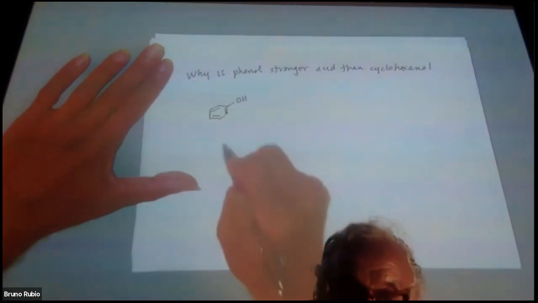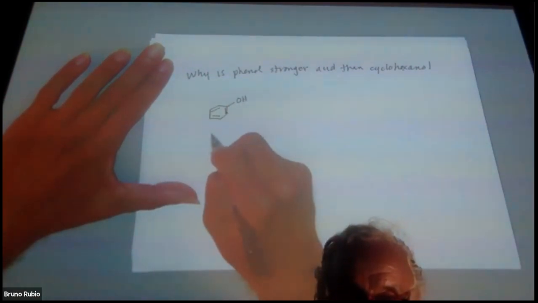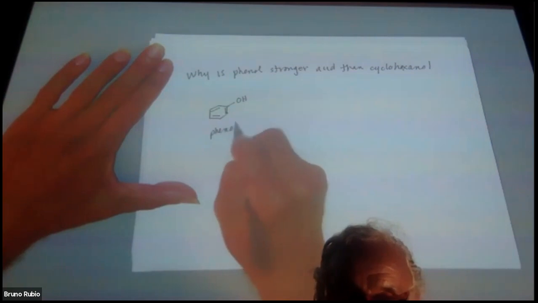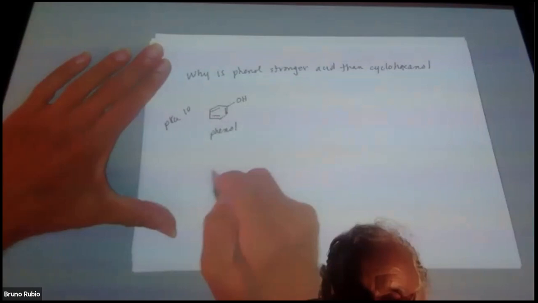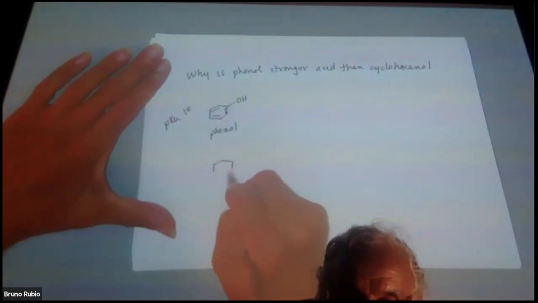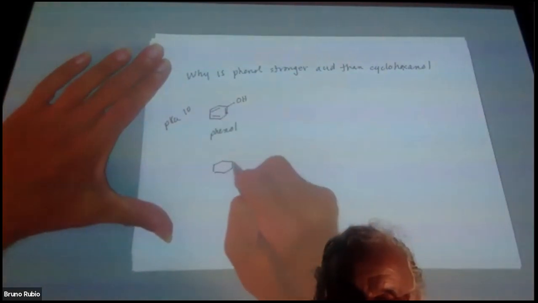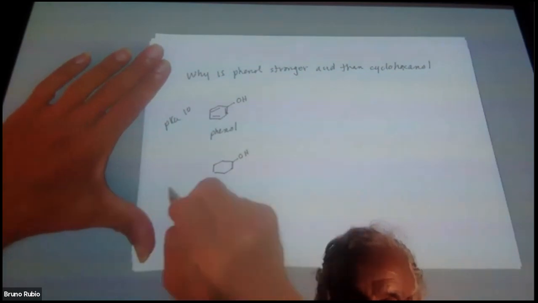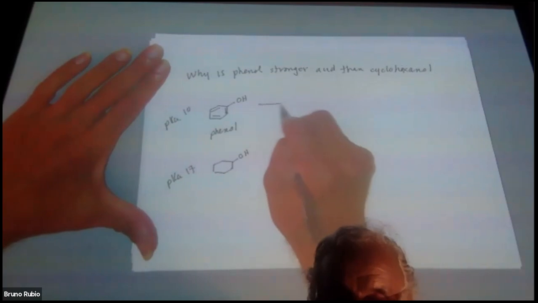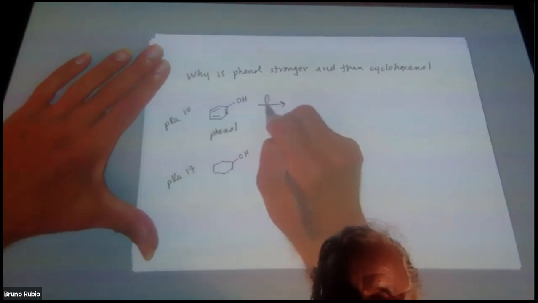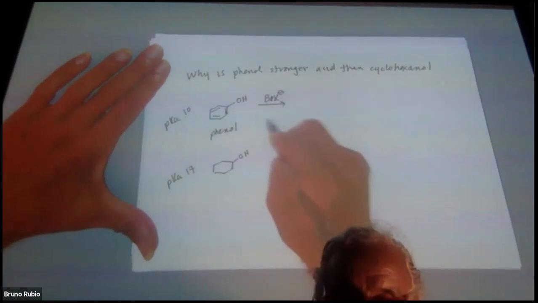So that's phenol. The pKa of phenol is 10. All right, this is cyclohexanol. The pKa is 17. And so phenol reacts with a base.